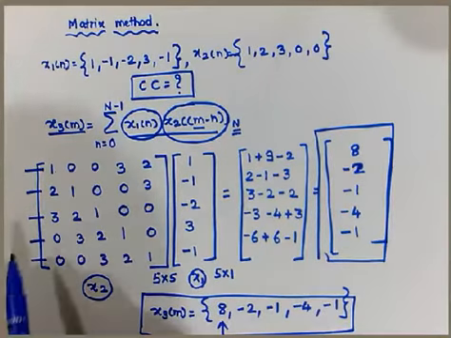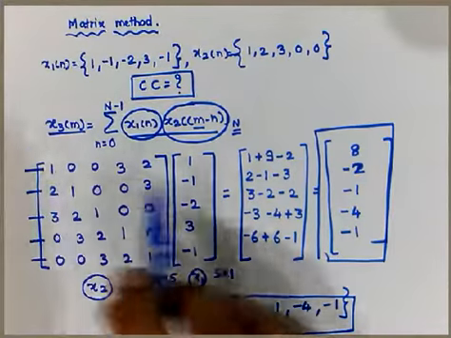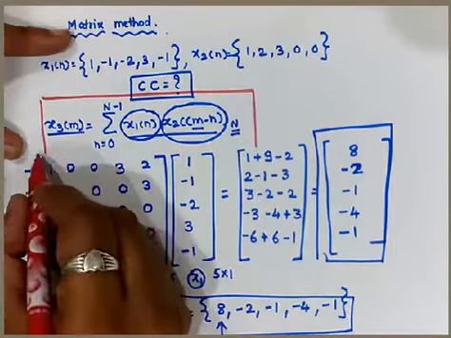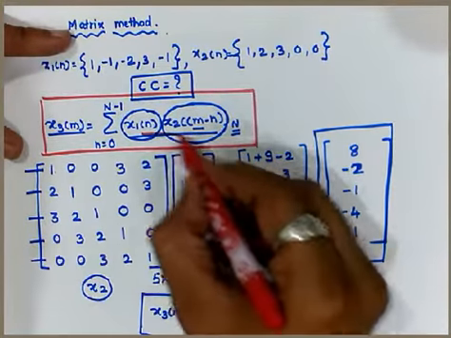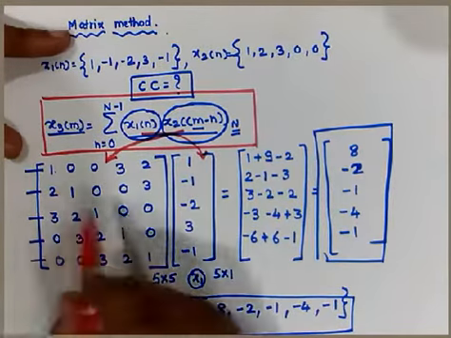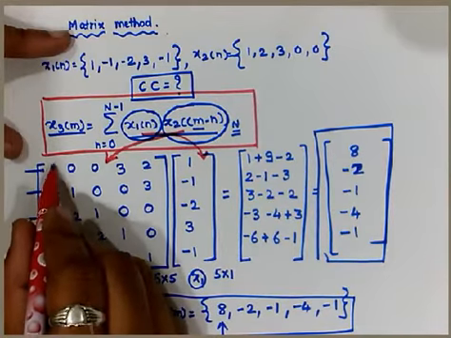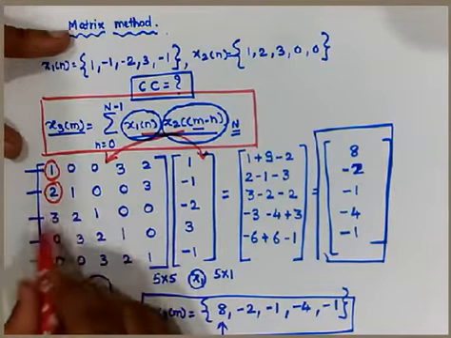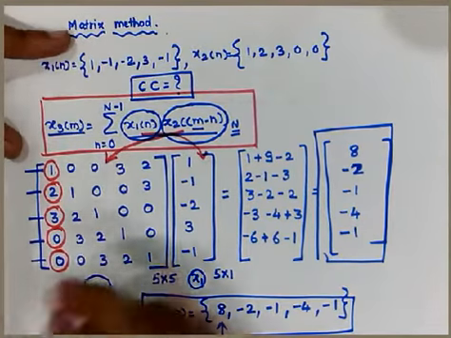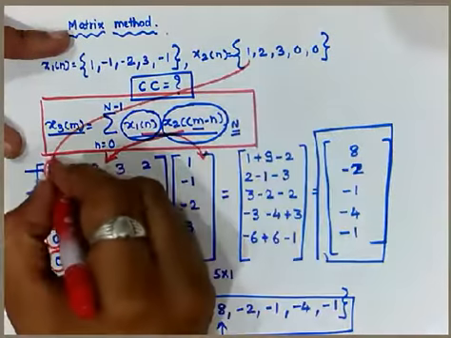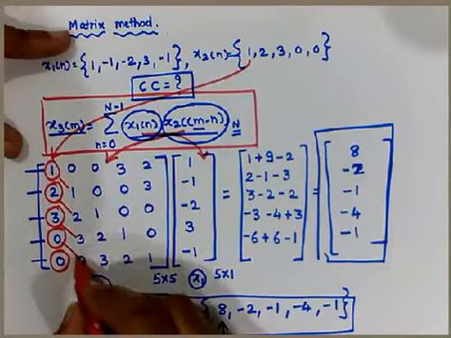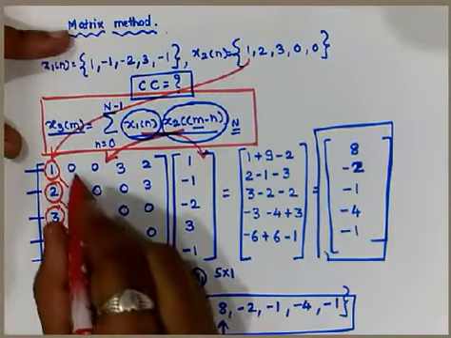Let's summarize what we have done in accordance with the formula. In this formula, x1 is without shift, so it is written here, and x2 is with shift, so it is written here. It is written as x2 of 0, x2 of 1, x2 of 2, x2 of 3, x2 of 4. Now delayed by 1, this will be shifted and the last 0 will be shifted here.